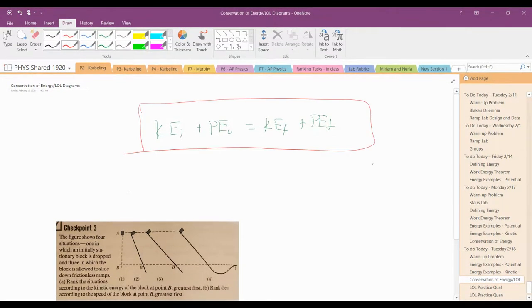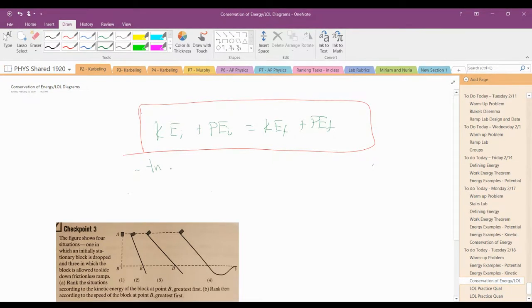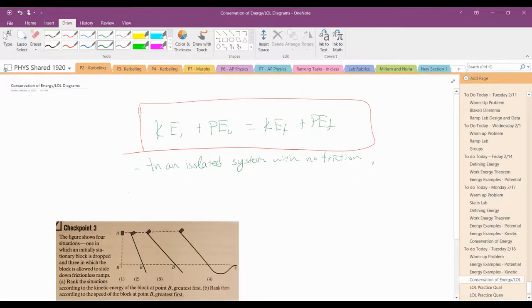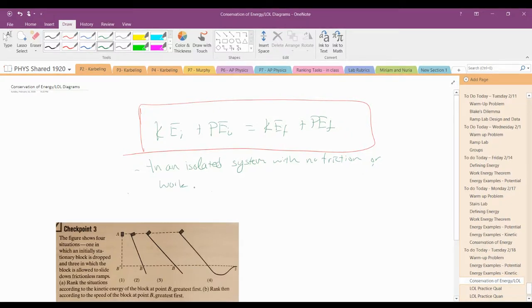That's pretty important. So this holds true in an isolated system with no friction or work being done on or by the system.